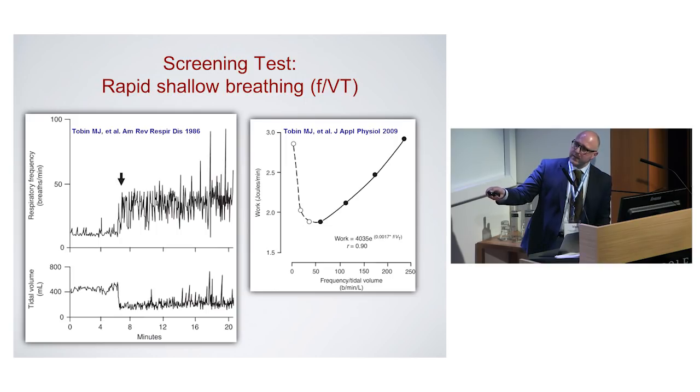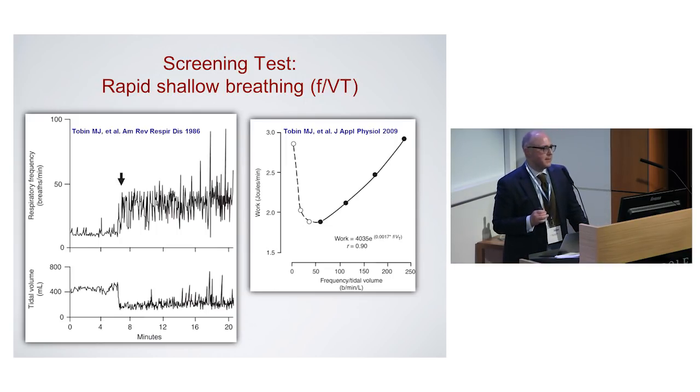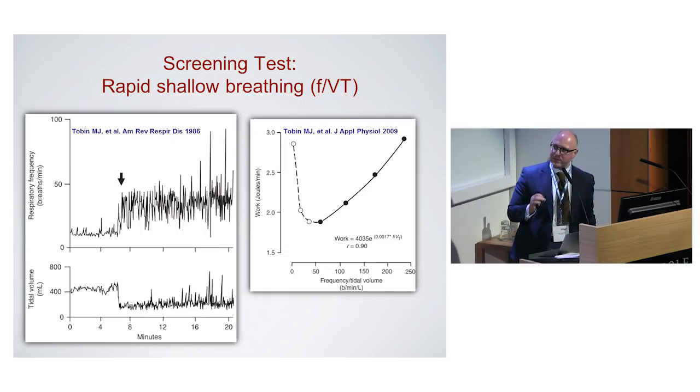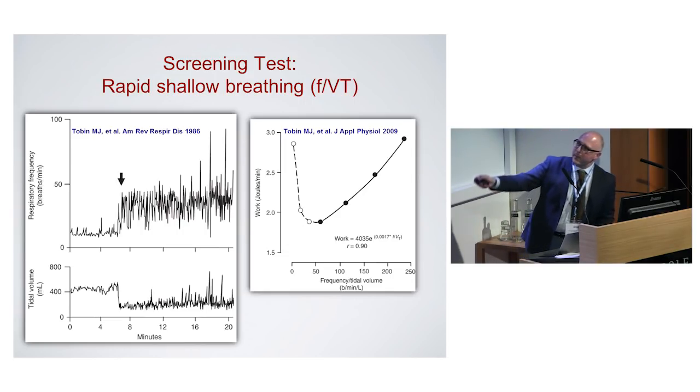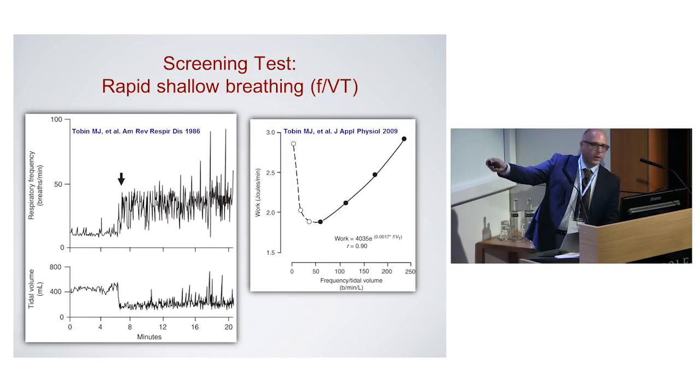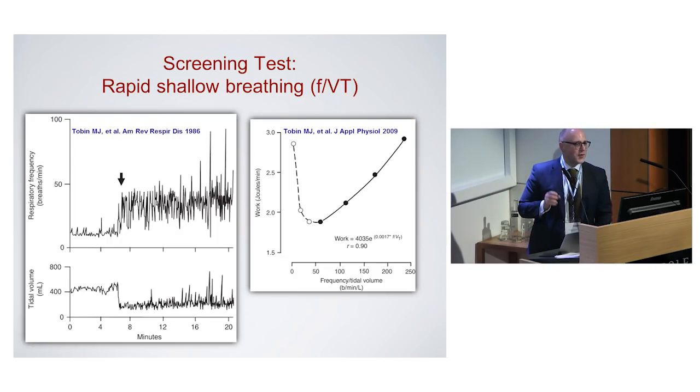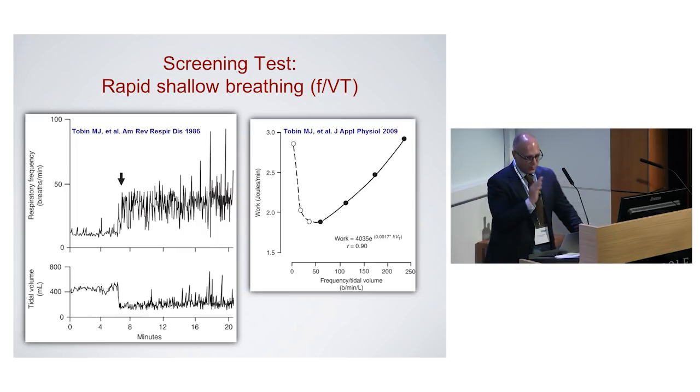F over VT is essentially estimating work of breathing in a much less invasive way than an esophageal and gastric balloon. But look at the relationship between F over VT and work. It's not linear, it's exponential. So what it means is going from 100 to 150 is not just a little bit worse, it's a lot worse. So think about your targets.